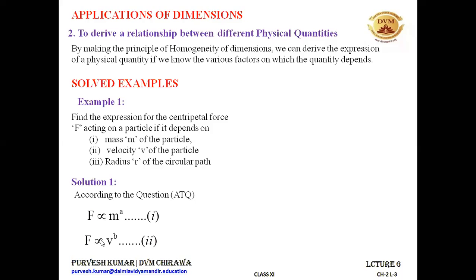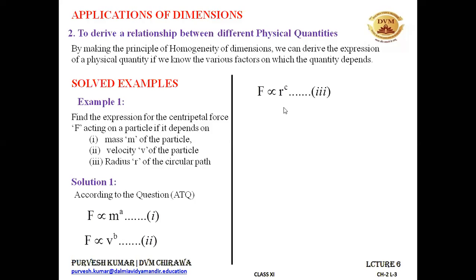Force is proportional to velocity, but we don't know how it is proportional to velocity, so we have written its power as b. We need to find this a, b, and c. Also, F is proportional to radius, that is the third factor, so we write F proportional to r to the power c.